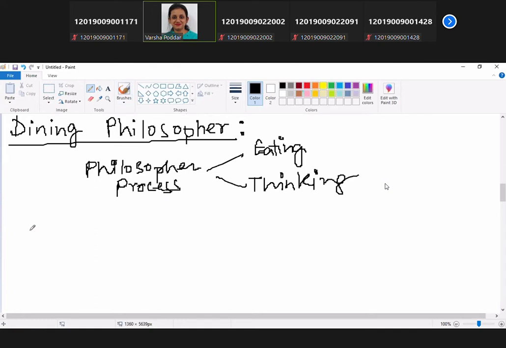Here we have 5 philosophers, and they are sitting at a circular table.